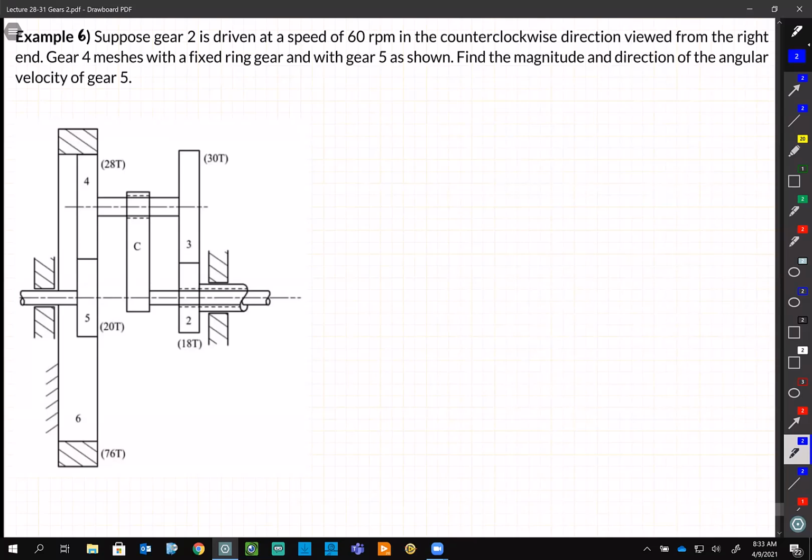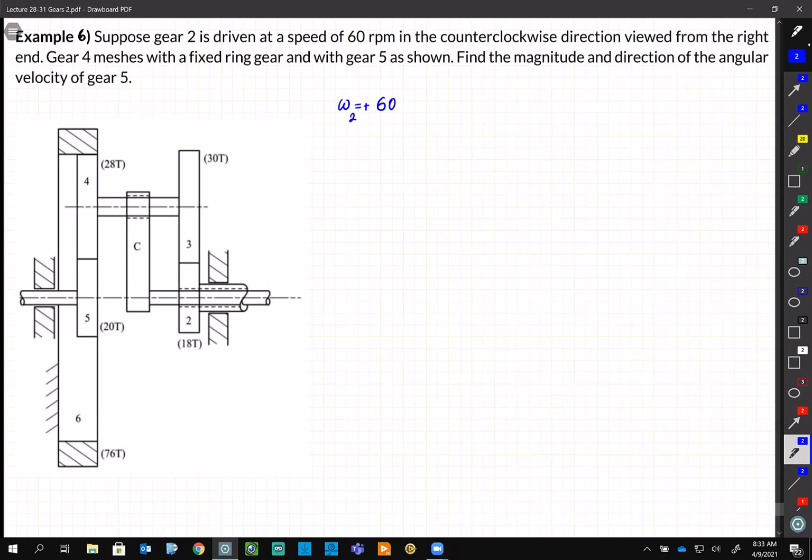So it says omega 2 is 60 RPM, and it is positive, right? So there is some extra information.